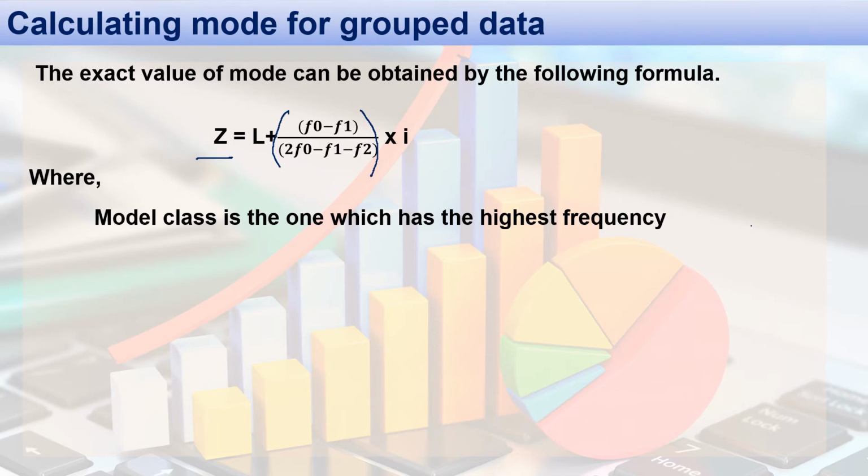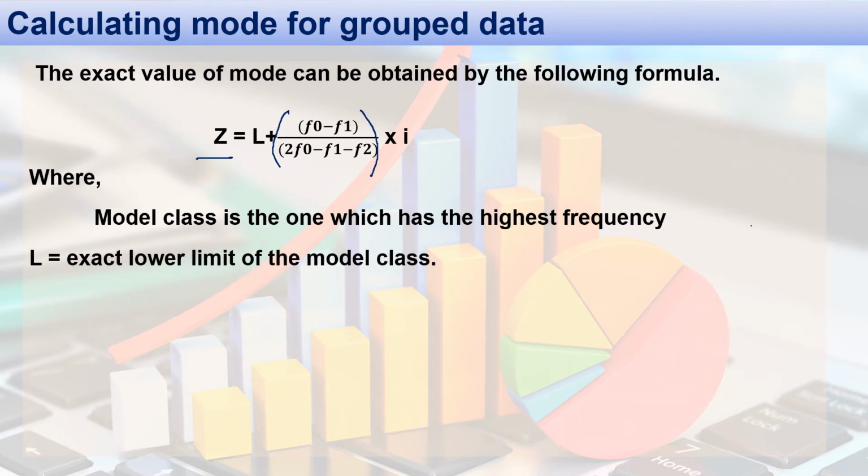In grouped data we get the values in class intervals and the corresponding frequencies. So look at the frequency column. The class interval corresponding to the highest frequency will be the modal class in the given data. So we first identify the modal class.